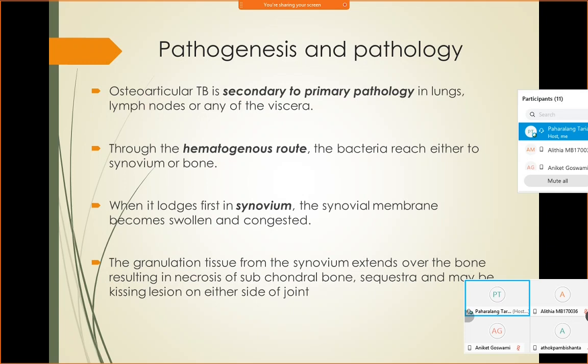With time, the synovium gets eroded over the bone, and it affects the subchondral bone. What lies beneath the synovium is the bone, and below the bone is the subchondral membrane. Eventually the entire synovium and cartilage is worn out, and a kissing lesion is formed where the bones start rubbing on each other.